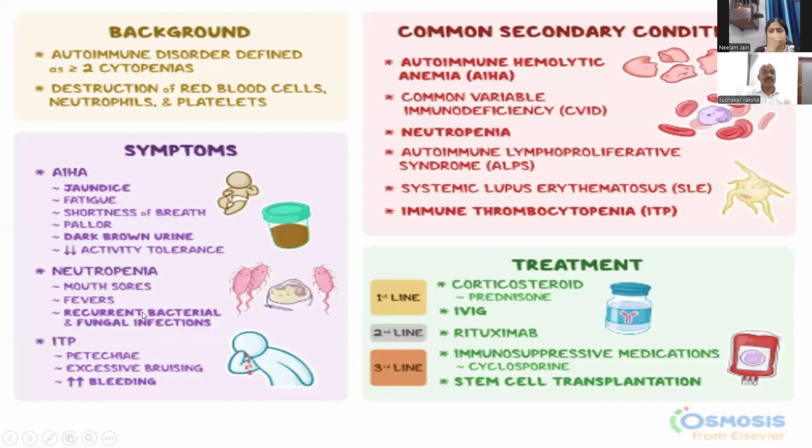Neutropenia causes decreased resistance, so these people are susceptible to bacterial and fungal infections, oral infections, and fever. The decreased platelet count leads to increased bleeding, petechiae and purpura. The treatment is steroid or rituximab, and the final treatment is stem cell transplantation.